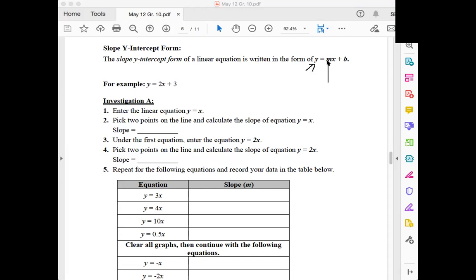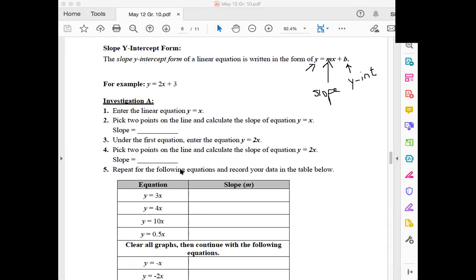We know that m is our slope. x is our independent variable, just our normal x. And then our b is our y-intercept. So the y-intercept is when our graph crosses over the y-axis.